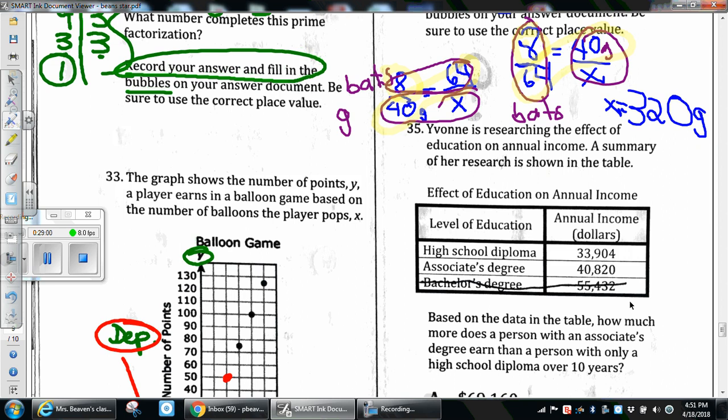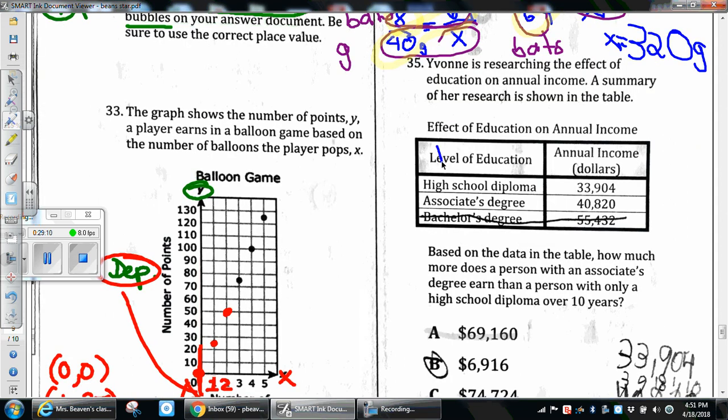Yvonne is researching the effect of education on annual income. A summary of her research is shown in the table. So according to your level of education, this will be your independent variable, kind of like if it was your X. And then your dependent is going to be your annual income.